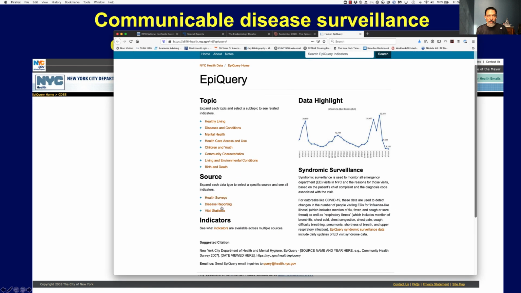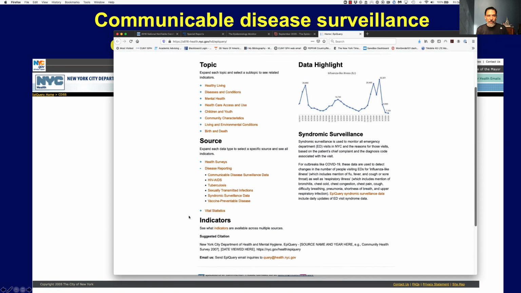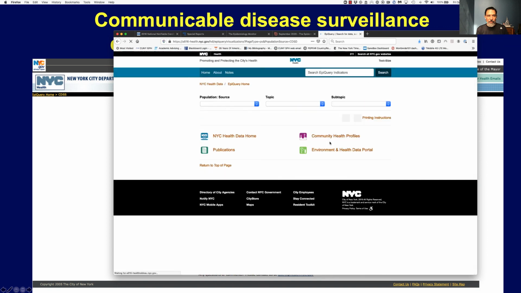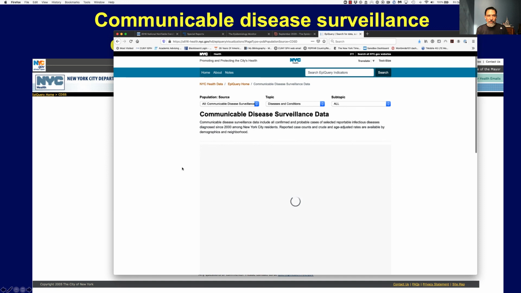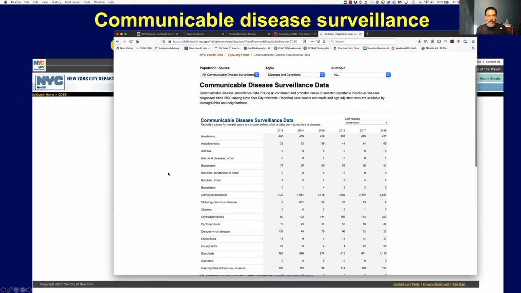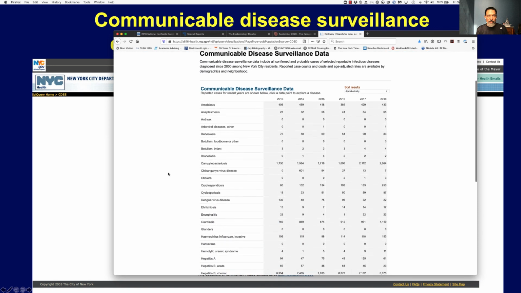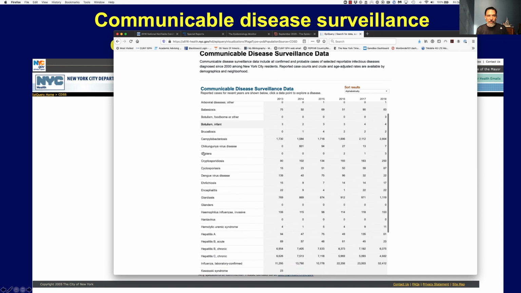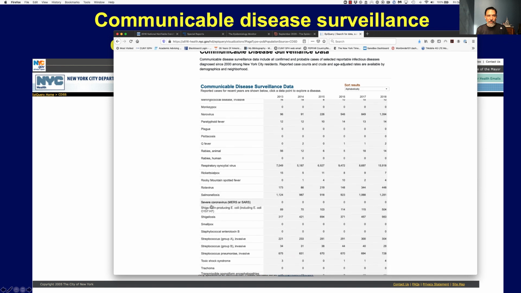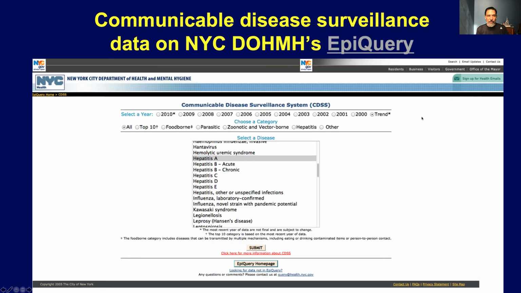So you can go into the disease reporting and look at the communicable disease surveillance data, for example, here. It's very crude and simple. There's not much in the way of slicing and dicing the data that you can do, but for all the different reportable conditions, you can get a sense of how many communicable disease cases have been reported over time here in New York City. So that's EpiQuery.